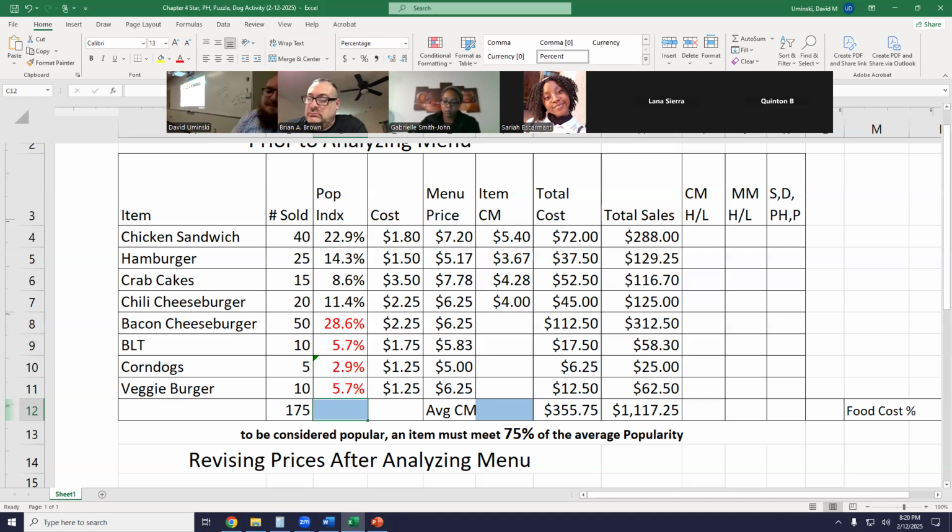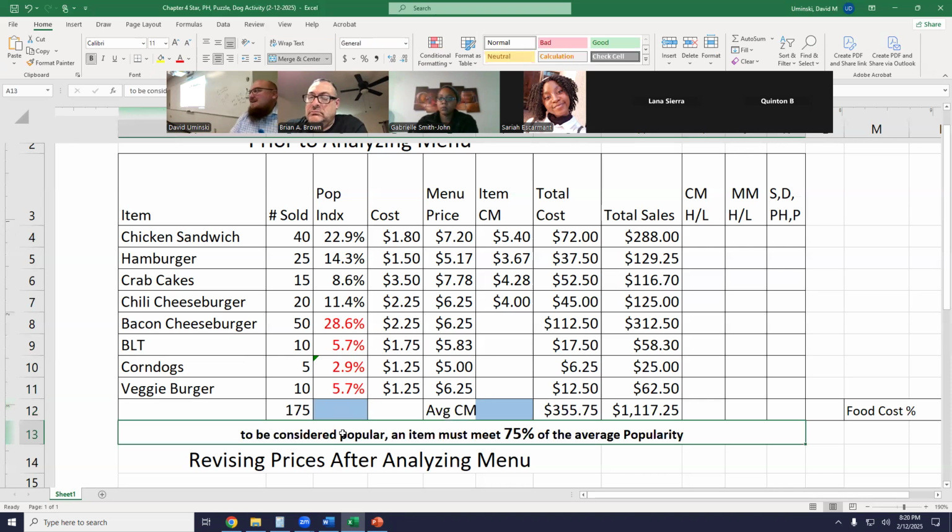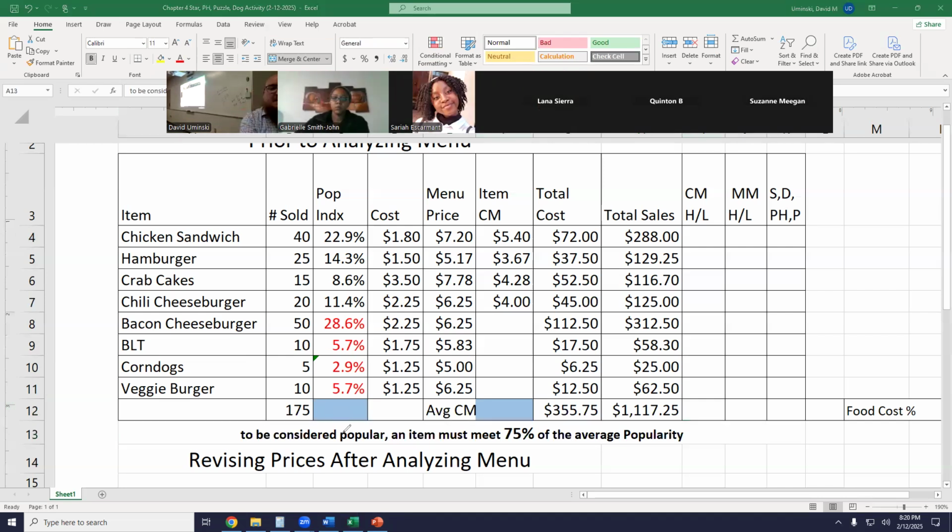Now I want to find my popularity benchmark. To be considered popular, an item must meet 75% of the average popularity. So this is where we're going to take that 100, divide by how many items we have. 1, 2, 3, 4, 5, 6, 7, 8.